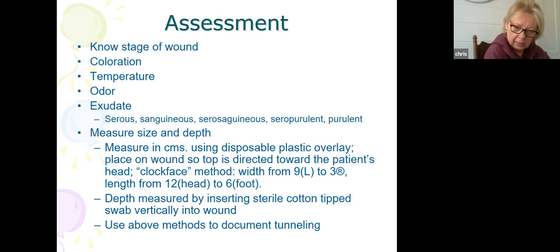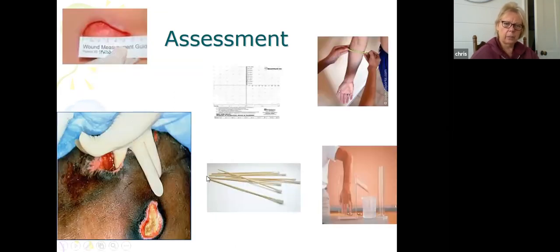And if there's tunneling, then you take the swab out, and you see how far the tunnel went, because you'll see the pink or the redness or the bloodiness or the yellowness or whatever it is on the sterile cotton stick. And then you can measure that and say how many millimeters of tunneling you have. Okay, that's indicative of a really, really deep wound.